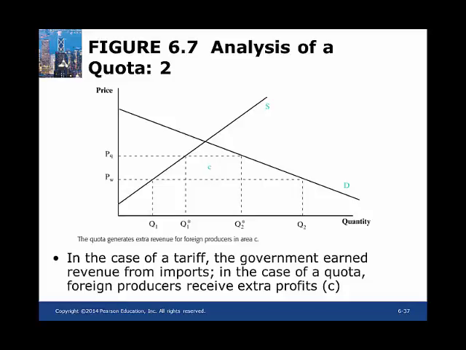In the case of the quota, foreign producers receive extra profits. You can see if it were a tariff, this portion would be the government's revenue. But in the quota, this portion is the profit for the foreign producer.